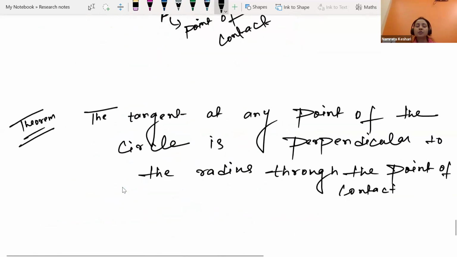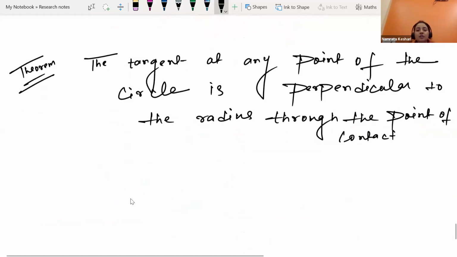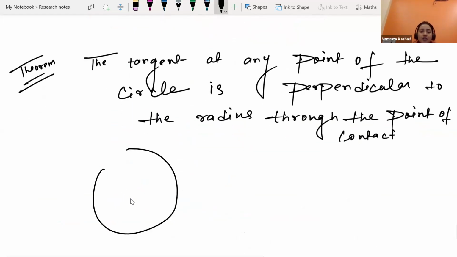For that we have a theorem. What does the theorem say? The tangent at any point of the circle, suppose I am drawing the tangent here, so the tangent looks like this.